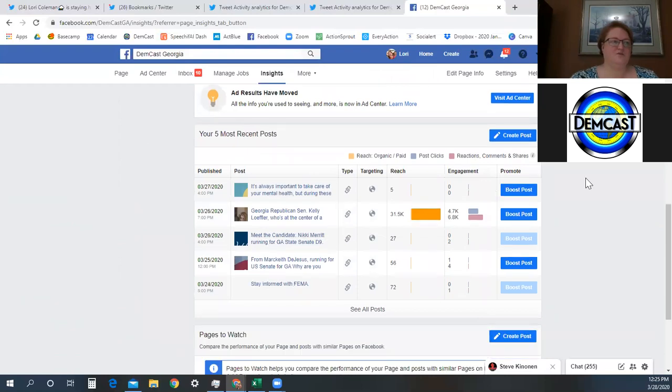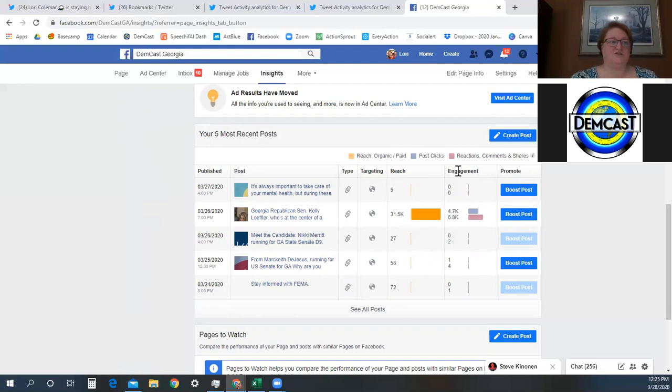And then if you scroll down, under Insights, you will see the last published post that you've had. It will show you, again, targeting is just for paid posts really.